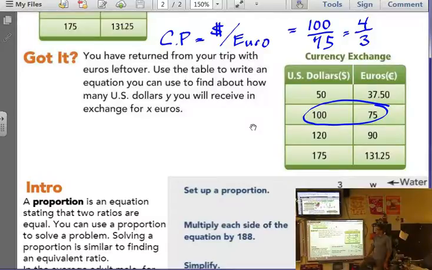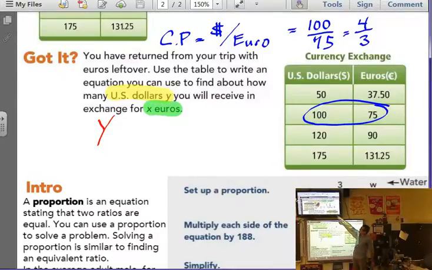So I would not change this to decimal form. If your decimal form is a repeating decimal, I would not change it to decimal form. I would leave it as a fraction. Because now my equation becomes the y, the amount of dollars. Pay attention to what they did, guys. They switched your x and your y.